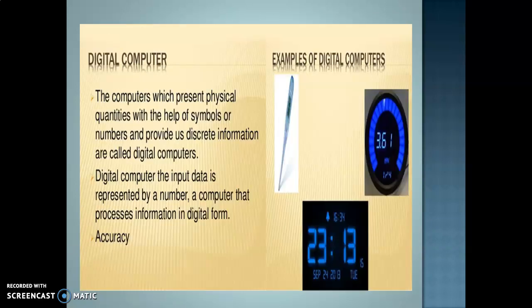Digital computer. The digital computer presents physical quantities with the help of symbols or numbers or provides us discrete information. We can say this type of computer uses digits, binary digits, the 0 and 1, to generate, process and display data.